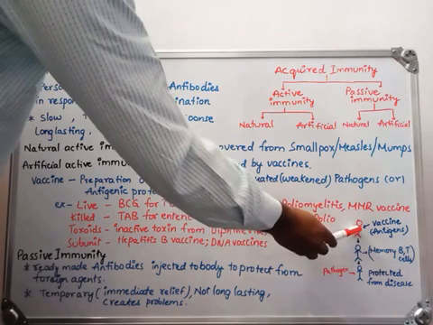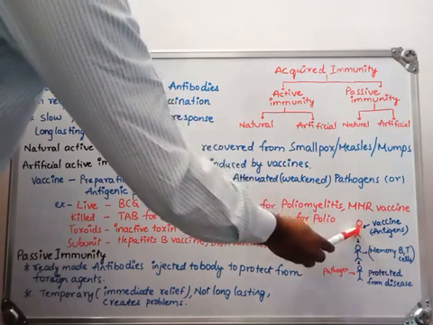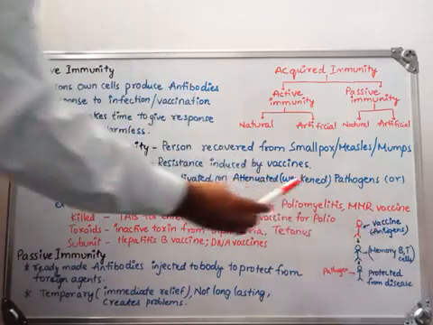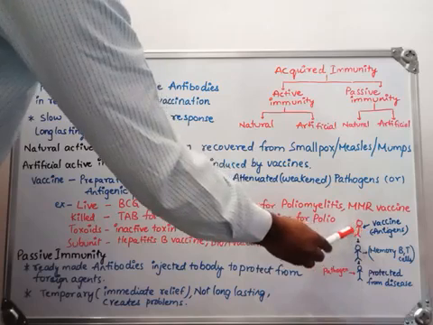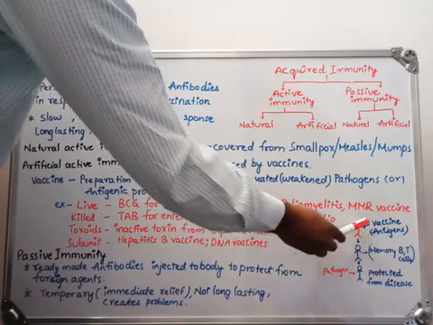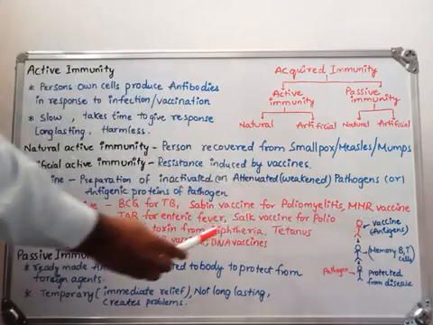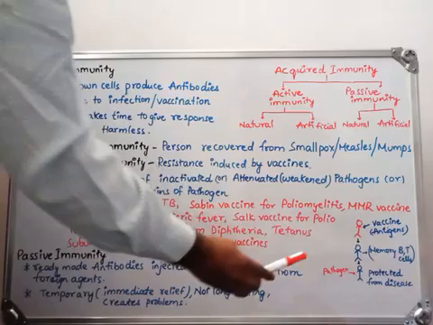The immune system will produce antibodies which are specific to those antigens. Now what happened? There is a formation of a primary immune response because the person is exposed to the antigen for the first time in his life. So there is a primary immune response in that body.